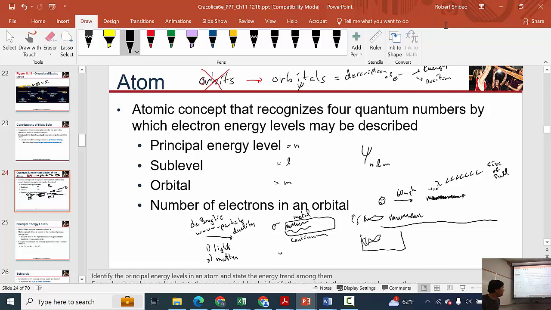But if you confine the electron in a tiny box, the tiny box is called the atom. Then there are problems because the electrons have wave properties, like the tail of the killer whale. The electrons will have wave properties here.